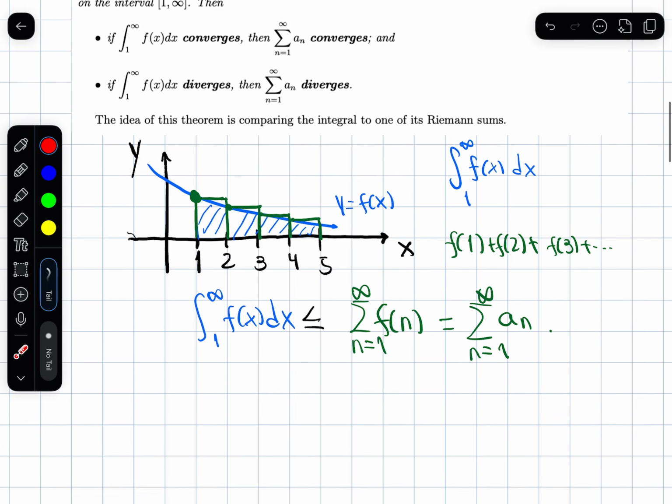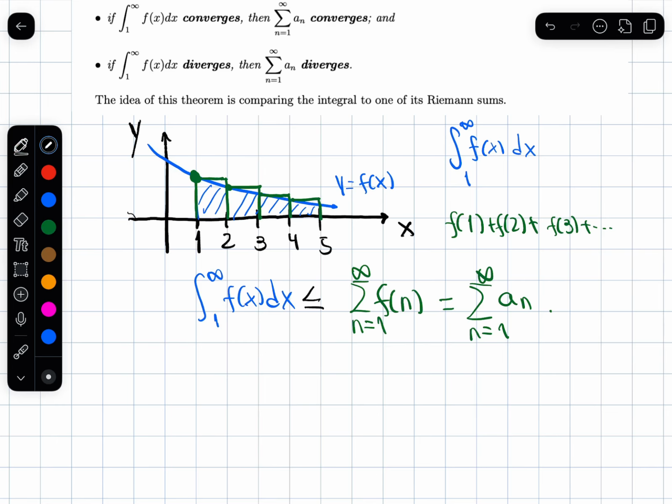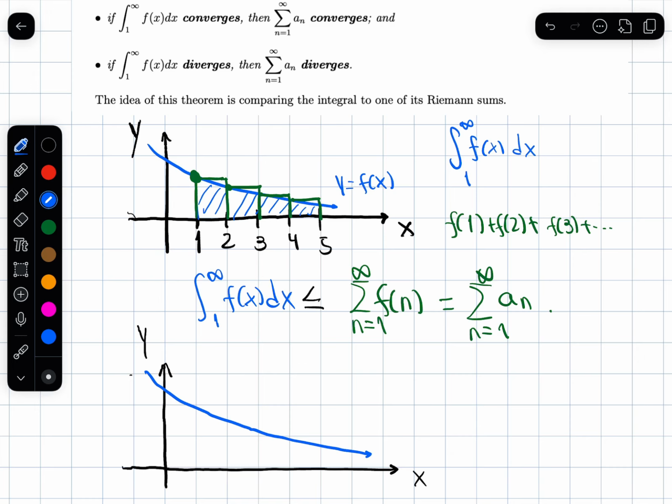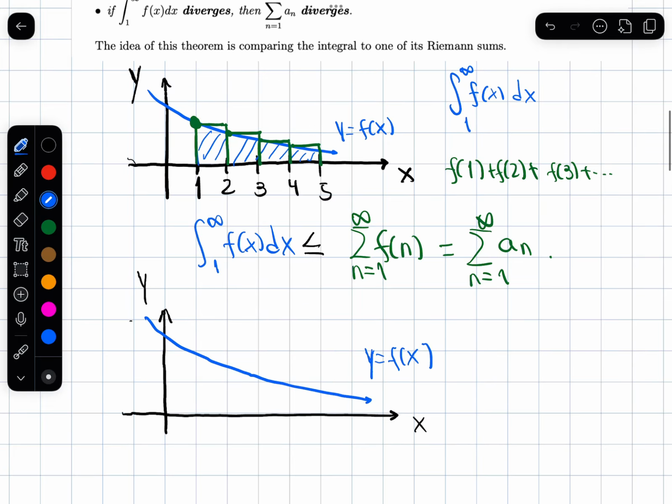The other bullet point is similar, and you can think of it as approximating the integral slightly differently. So let me just draw my function again. So if this is 1, 2, 3, 4, 5, 6, and now I'm trying to see what f of 1 is.